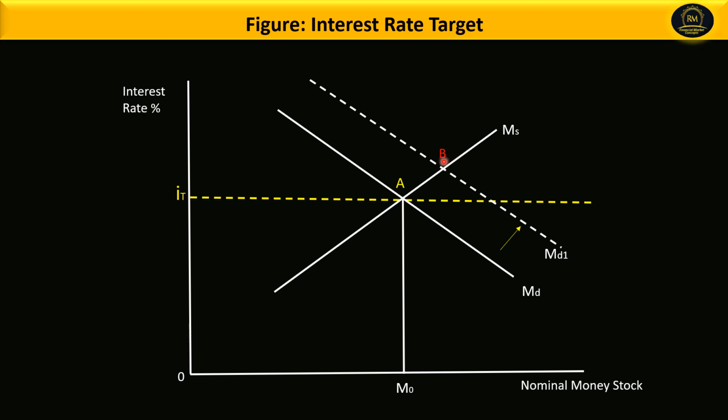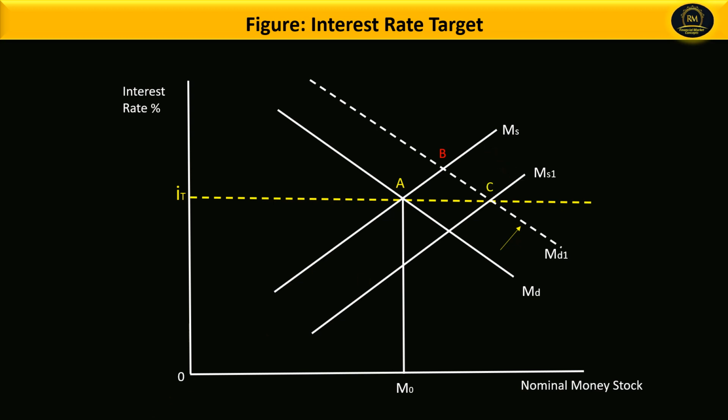Now, in order to achieve the interest rate target again, monetary policy comes in and it increases the money supply from MS to MS1. The money supply curve will shift towards the right.